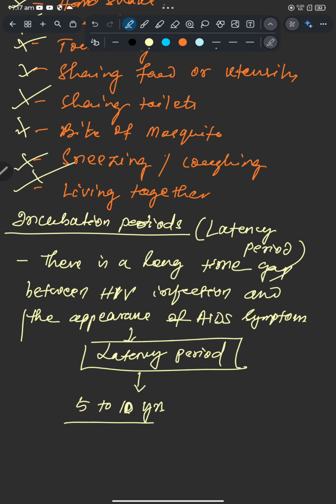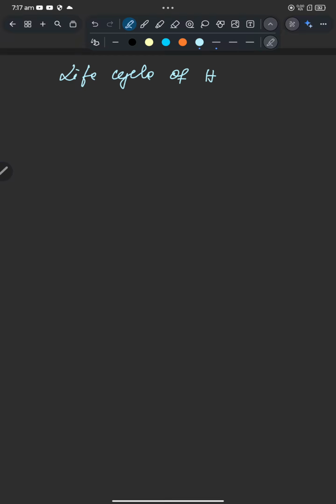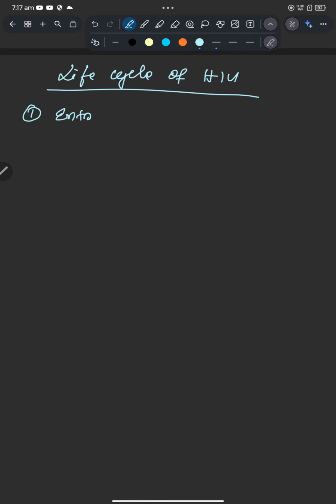Now come to the life cycle, which is the most common question in your exam. Life cycle of HIV. So when HIV infects, first it enters into the blood. Then through the blood, it first infects the macrophages.